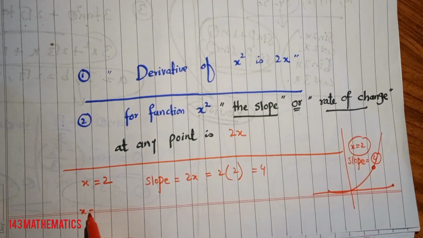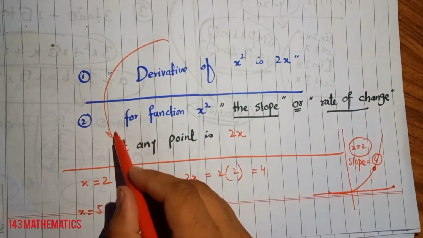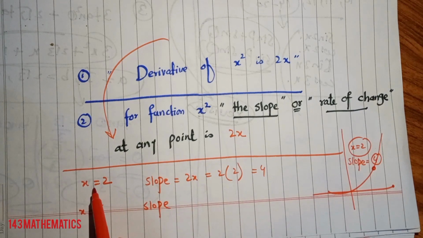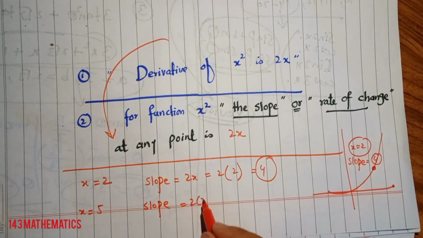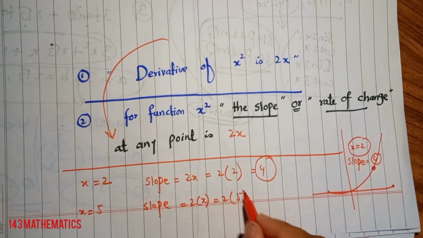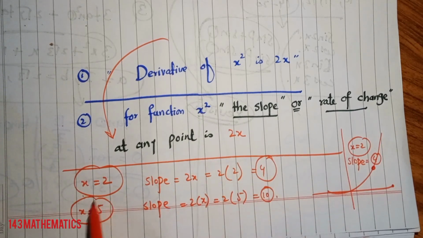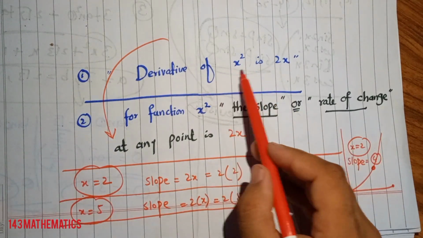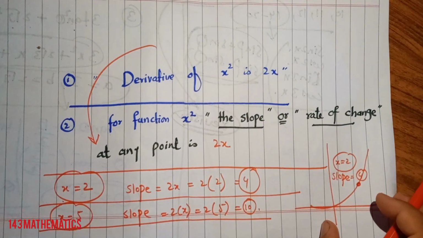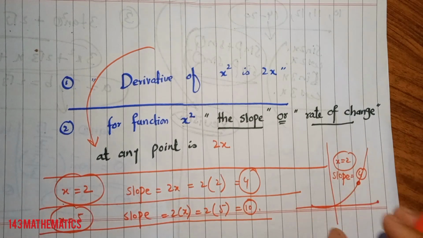Similarly, if x is equal to 5, then slope, this is the formula for slope at any point, 2x with x equal to 5, so this will be equal to 10. So slope at a point 2 is 4, slope at a point 5 is 10. So we can find slope at any point with the help of the derivative of this function. So this is the basic information related to the slope and derivative.